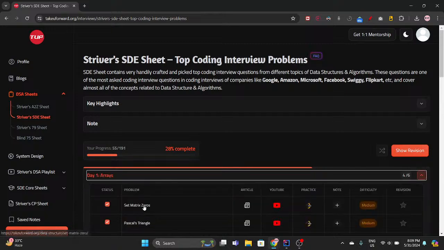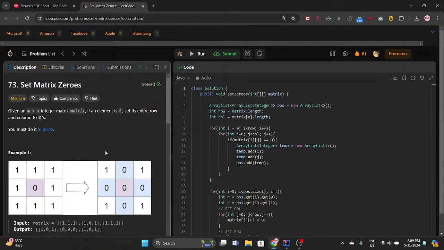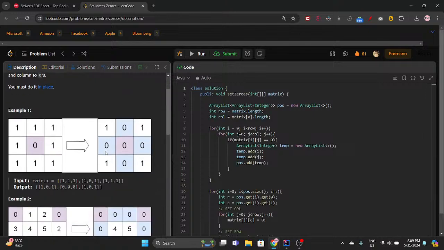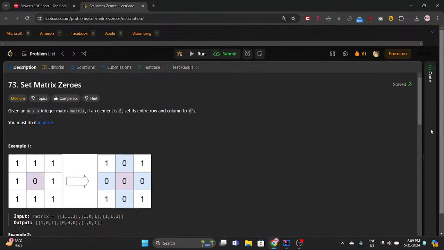So set matrix 0. Let's directly jump into it. Started it now. So give me 5 minutes. So yes, I remember this. Let's hide this thing.